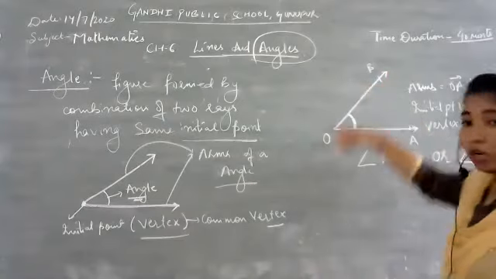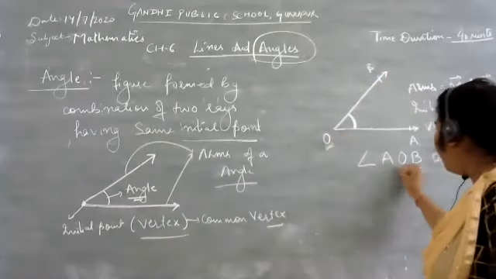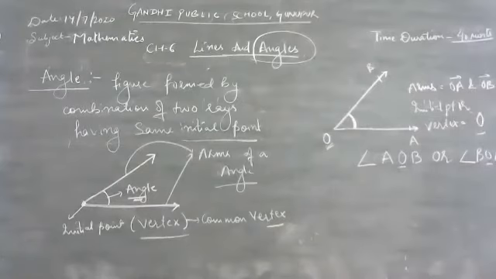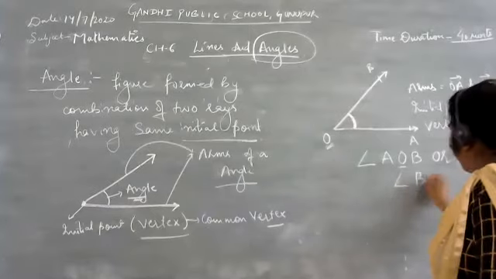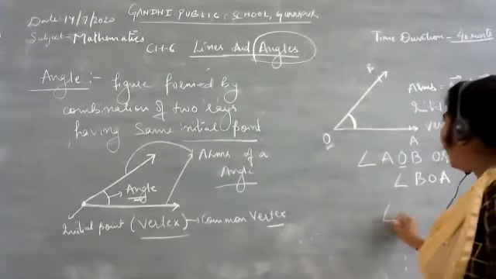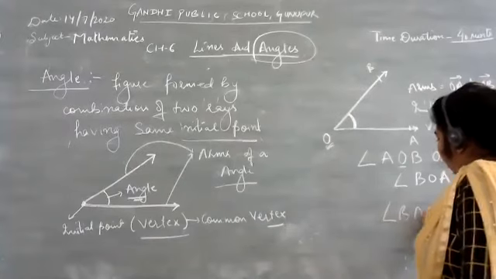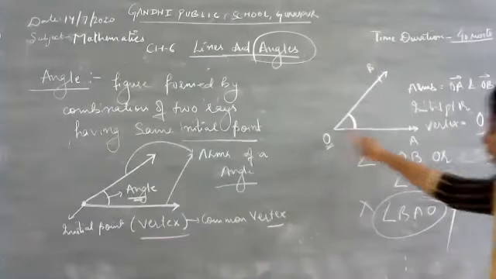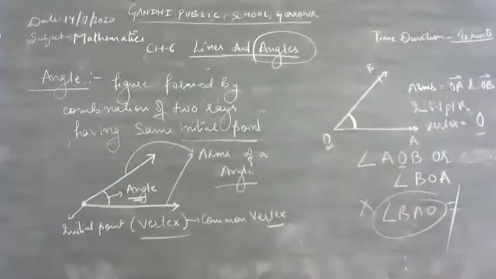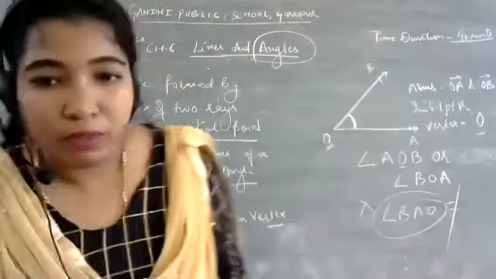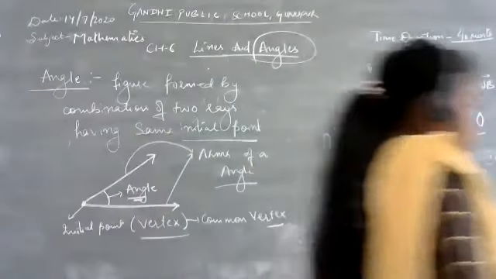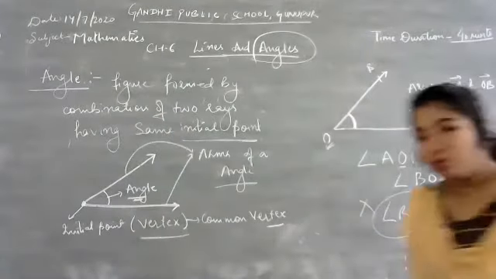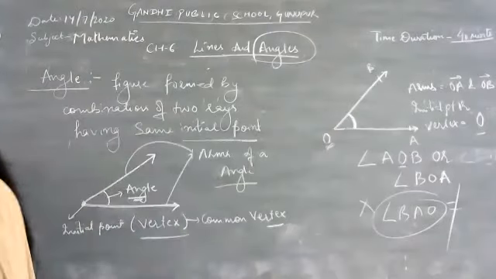The direction does not matter, but the initial point matters. If you write angle BAO, that will be wrong. You have to write AOB or BOA. I hope this is clear. If you are noting it down side by side, that is good. Otherwise, I will write it in the notes, don't forget.